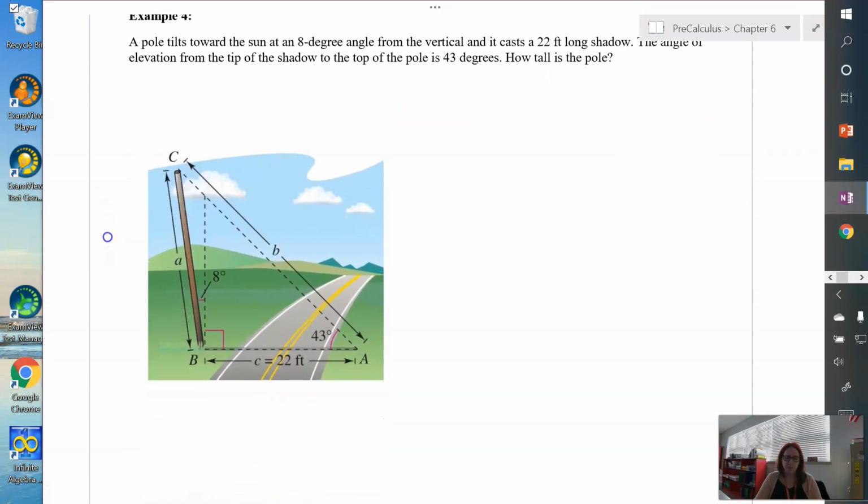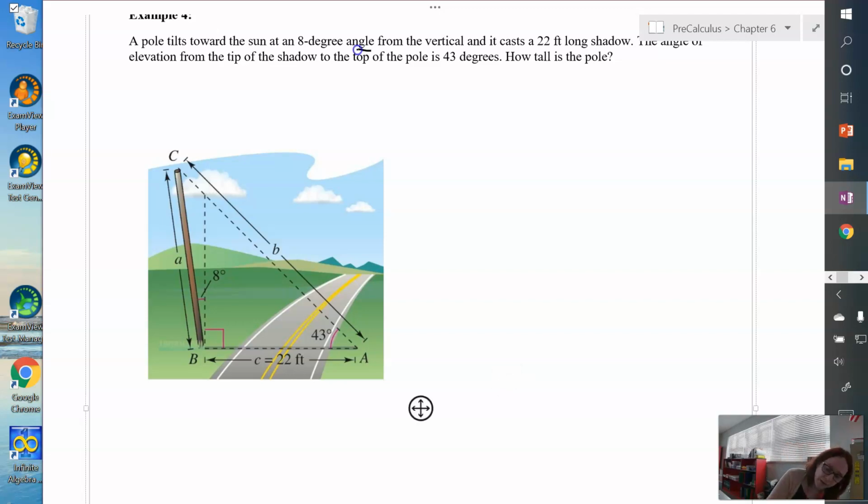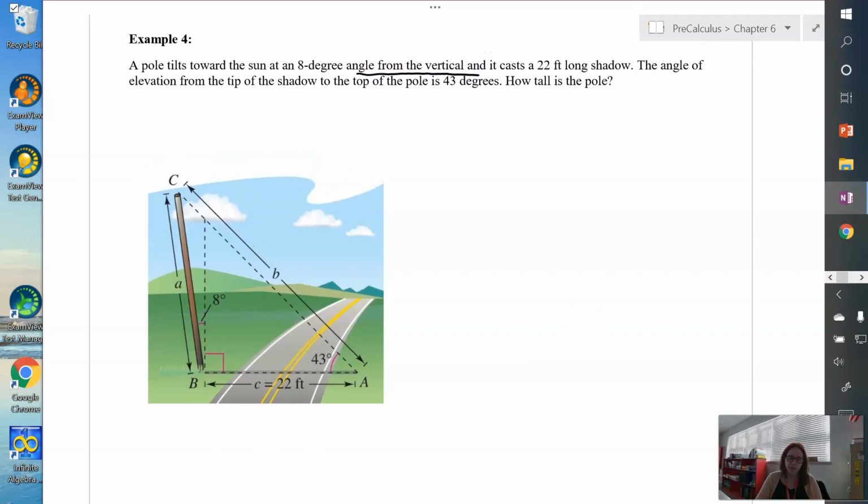Now here, example 4 is a real-life problem. We have a pole tilting towards the sun at an 8-degree angle from the vertical, so careful about that. And it casts a 22-foot-long shadow. And the angle of elevation from the tip of the shadow to the top of the pole is 43 degrees.